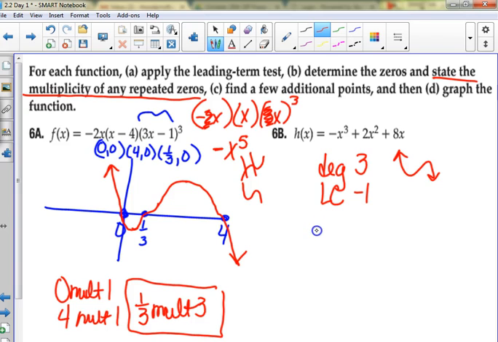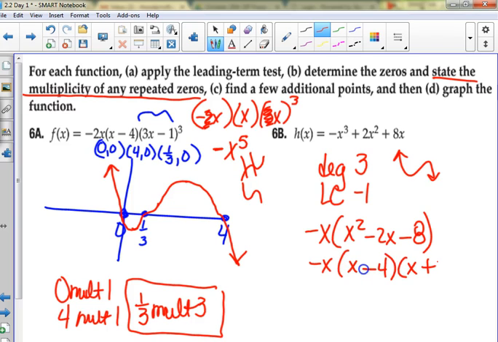What do you want to take out? I think a -x would make me really happy too, because then we'd have x squared minus 2x minus 8. Did I do that right? Which will factor further how? X minus 4 and x plus 2. Everybody okay?